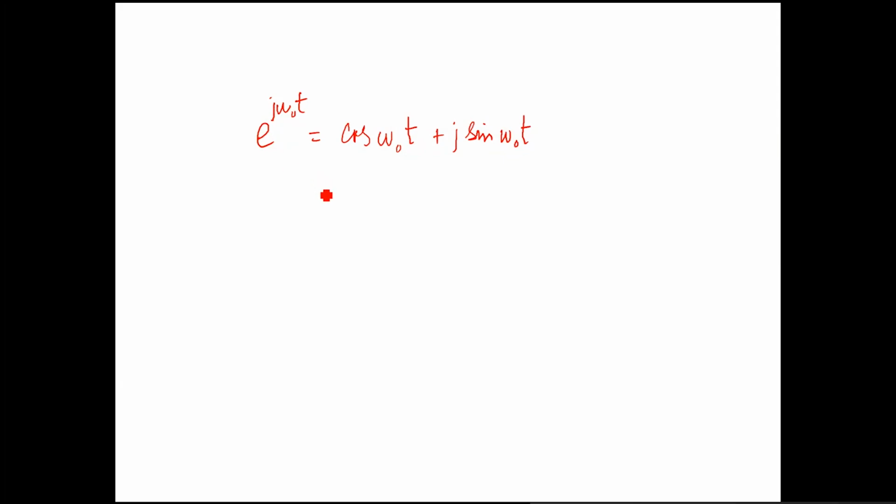What should you get? It should be cosine square omega naught t minus sine square omega naught t plus 2j cosine omega naught t sine omega naught t. Is that right? This is not equal to 1. Is that equal to 1?